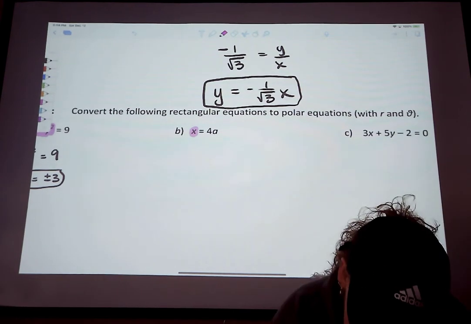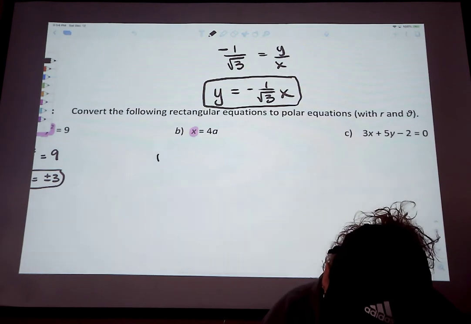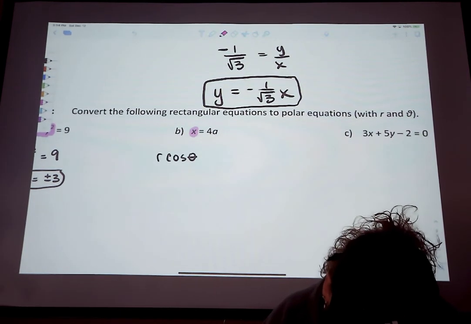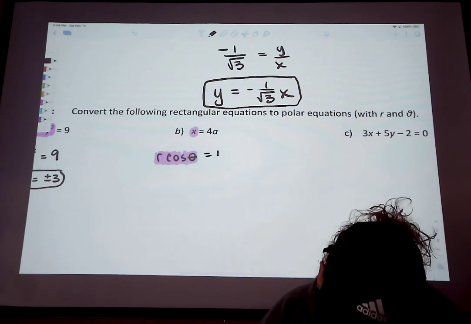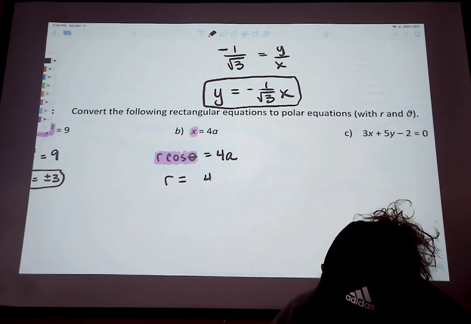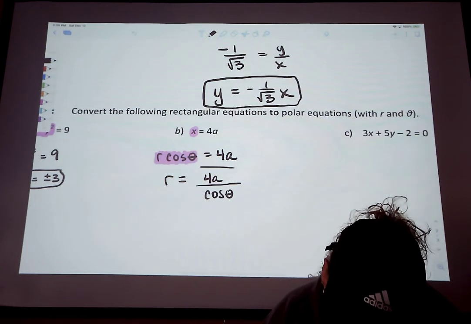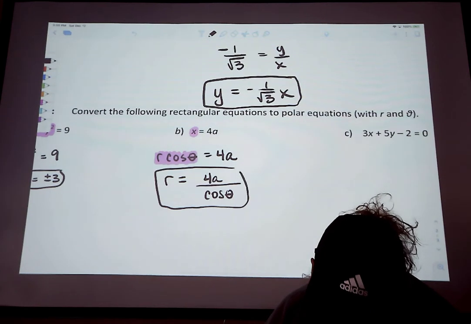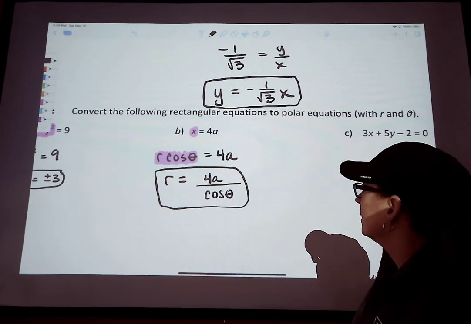So I would replace x with r cosine theta. That's what it's equal to. And then we usually solve it for r. Don't let the a freak you out. It's just some additional constant that was thrown in there. I don't know why.